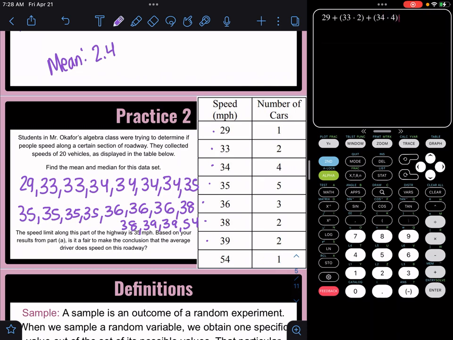5 35s, 3 36s, 2 38s, 2 39s, and there is 154.